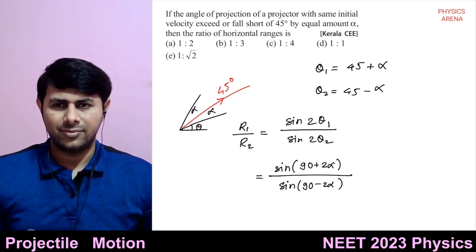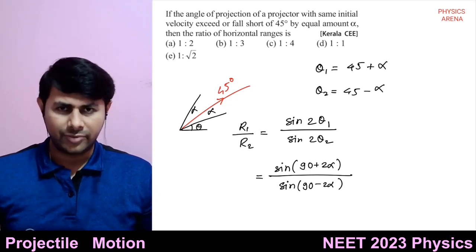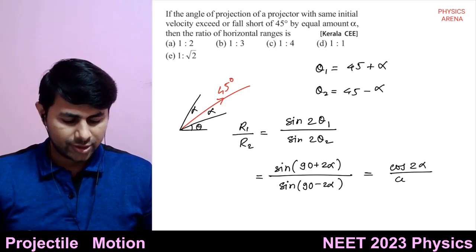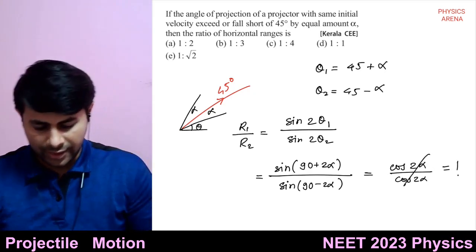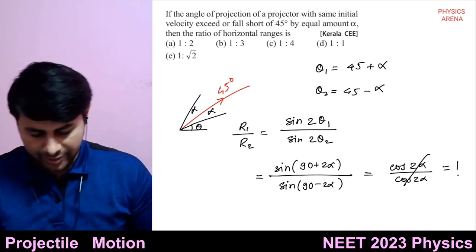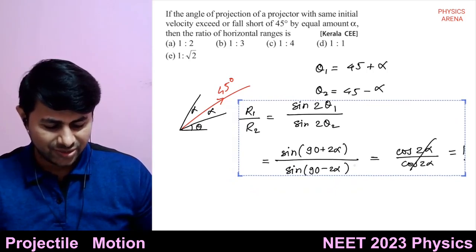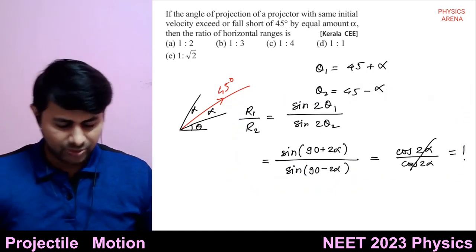Yes, sir. Okay, if you know, very good. So this will be cos 2 alpha over cos 2 alpha, that's equal to 1. And if you don't know, you can always verify, but we have to do quick work. So we should remember this formula.